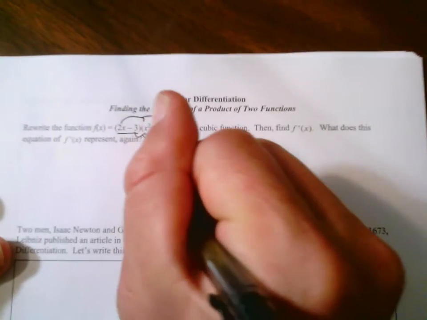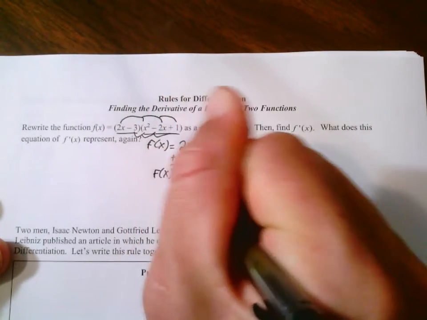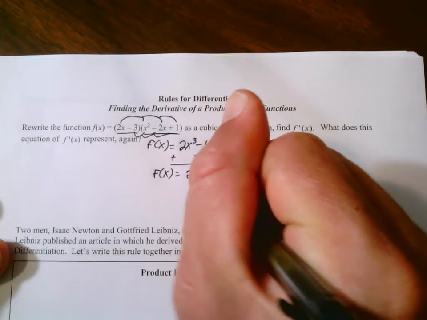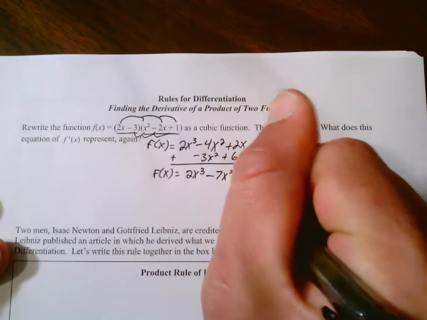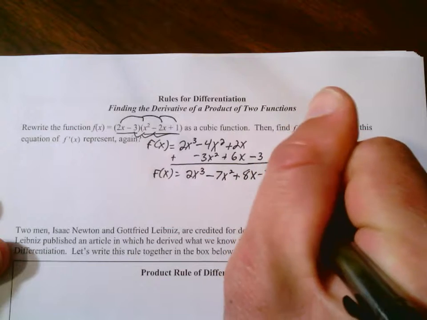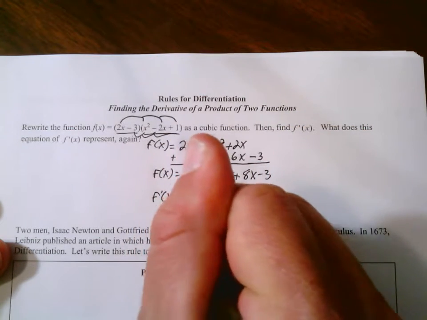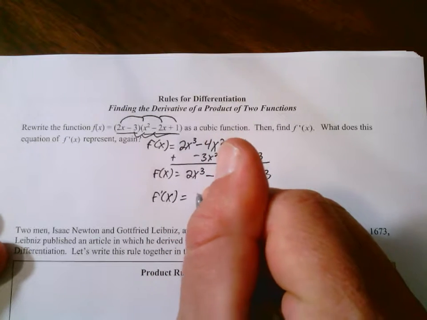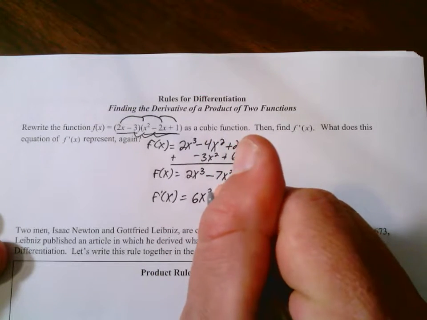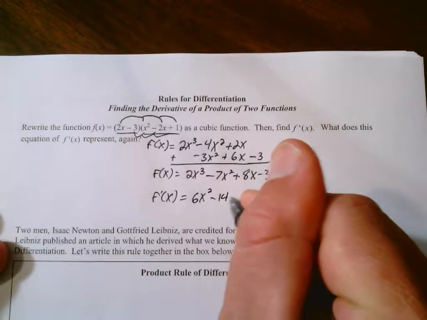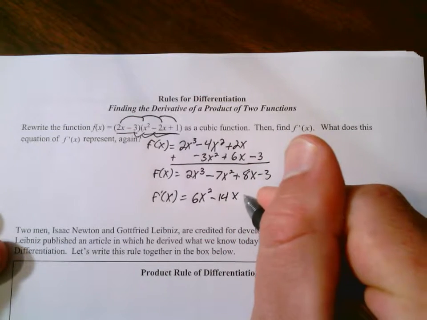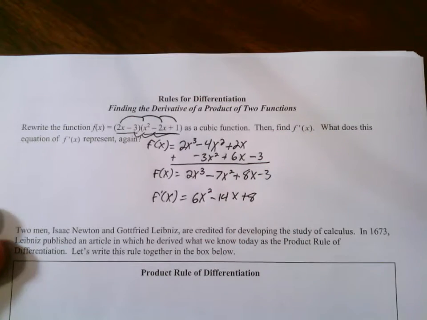Combine your like terms. F of x equals 2x cubed minus 7x squared plus 8x minus 3. Take the derivative. 3 times 2 is 6x squared minus 14x plus 8, and there you have it.